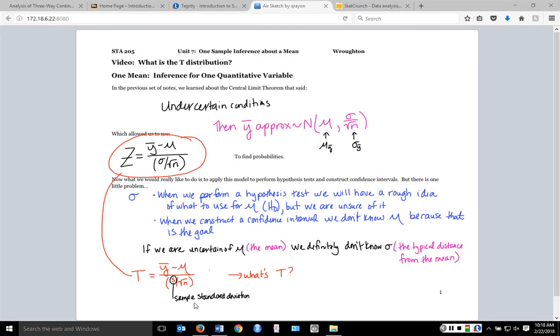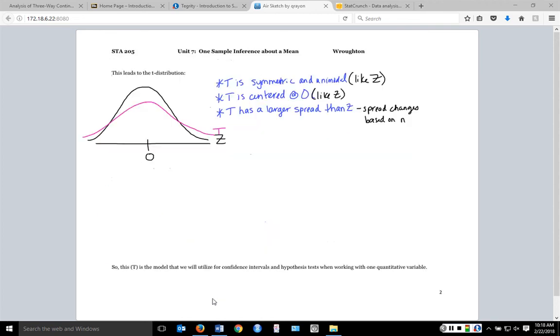This sample standard deviation is coming from my data. So if my data is 5 observations, or if my data is 500 observations, I'm going to trust a number when my sample size is 500 a lot more than I'm going to trust a number if my sample size is only 5. So this spread really is changing based upon how much trust I'm able to put into this standard deviation that I'm getting.